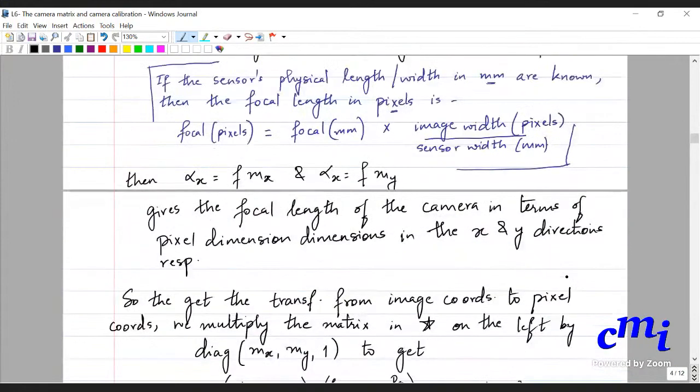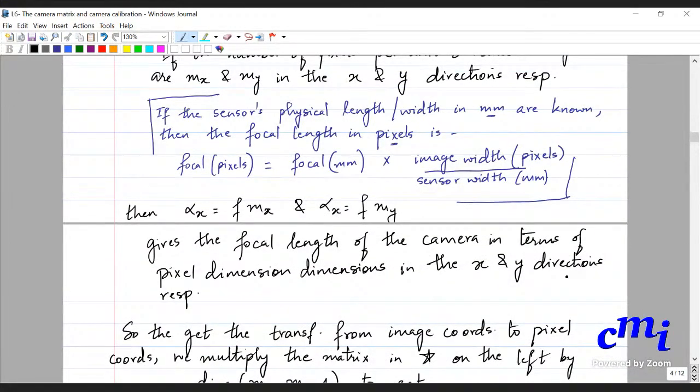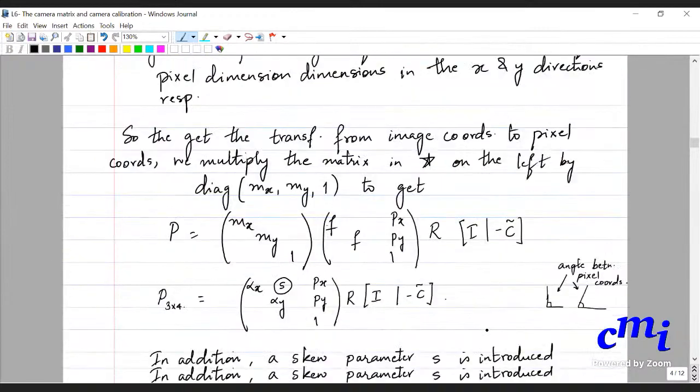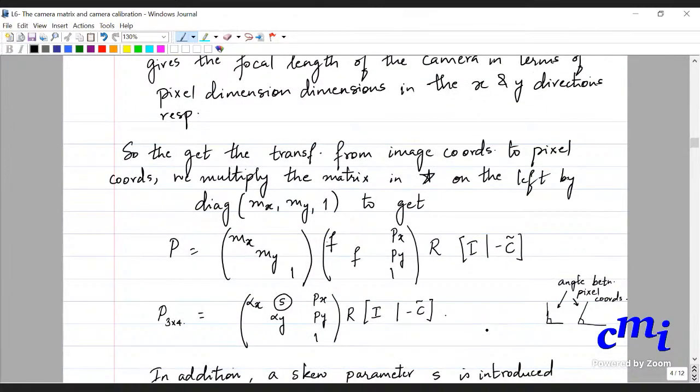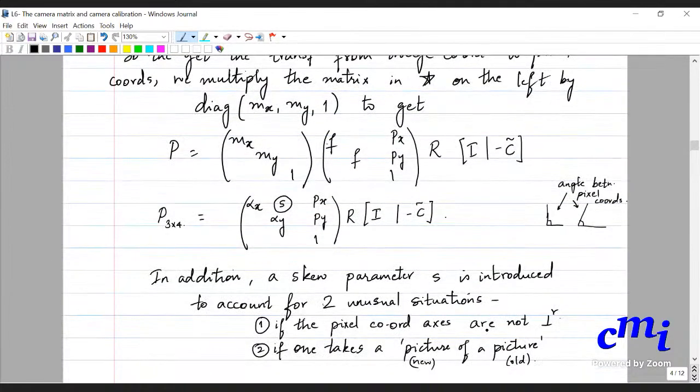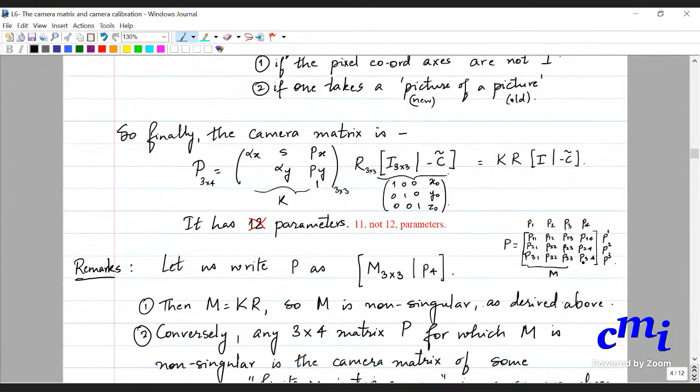Because if you are ever in a situation where you have to do some camera calibration, even to use OpenCV's built-in function on camera calibration, which you will do in one of the exercises, you need to have an understanding of these things to apply it to a given situation. So if you have some questions, you can ask me now, else I can move on and you can ask me later.